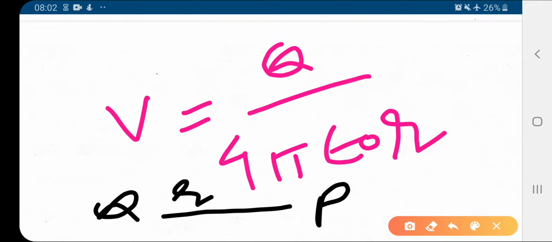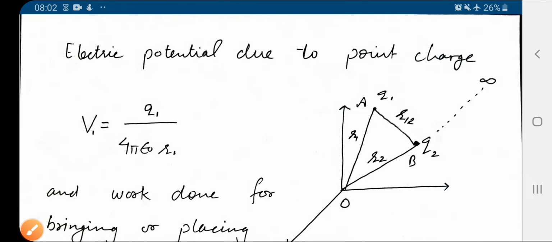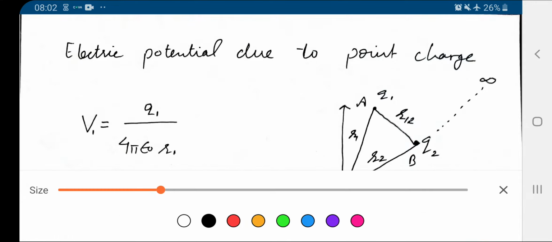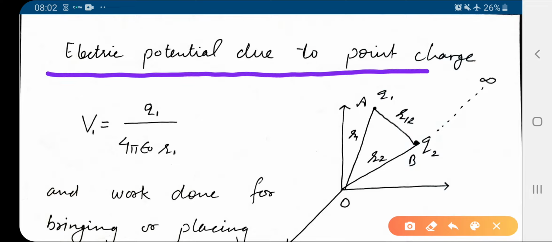Okay, now next, you know that electric potential due to a point charge, as we discussed, for charge Q1 is V1 equals Q1 over 4 pi epsilon naught R1.